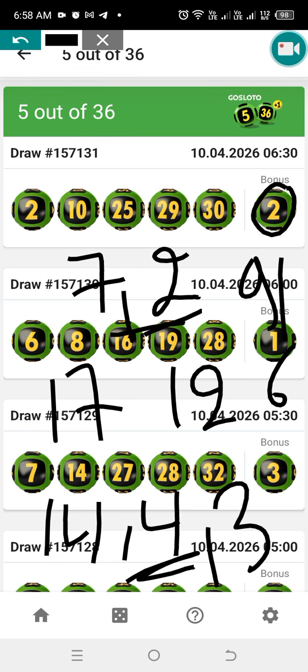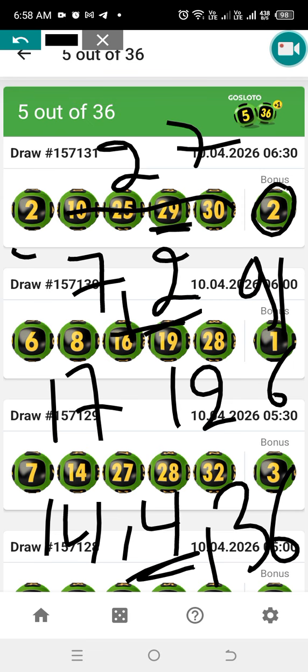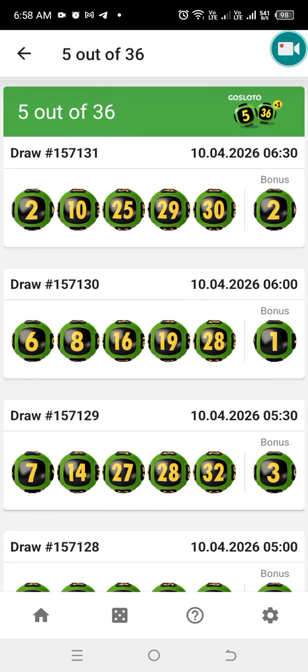We're gonna play 36 and also 3. Now we have again 27, because 27 move over 29, you can just play 27 as it is. And we have a 10 and a 30. Between a 10 and 30 there is a 20 as well, right? So for the next draw, this is a strategy that I told you that it's for Gosloto 586, which can help you.